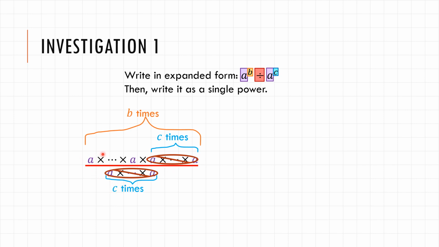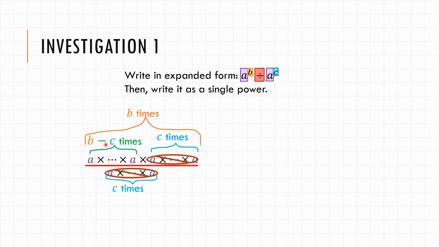And therefore, how many a's are remaining here? Although it may seem like half of b, that's just my representation. So there could have been 5 a's here, and there could be 20 a's over here. I'm not really saying how many are in the middle of these dots, but I do know that if I started off with b a's and I removed c a's, what is an expression that I could use to represent what's left over?